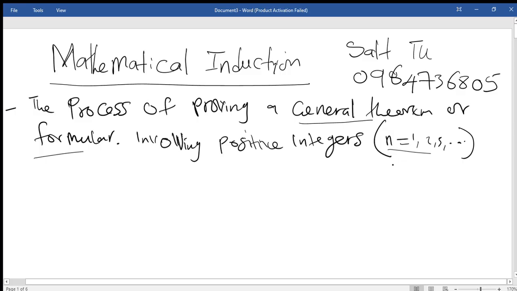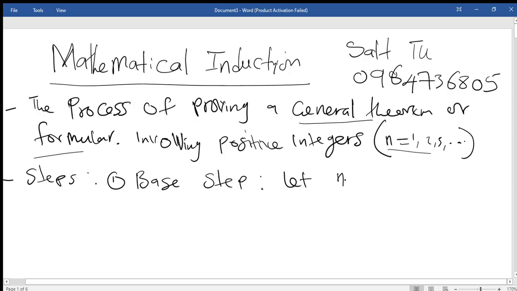We said that there are just about 3 steps involved. First, you prove the base step, where you let n equal 1.